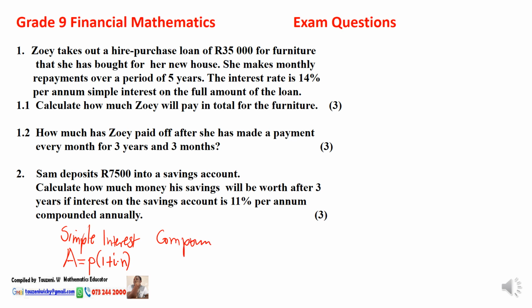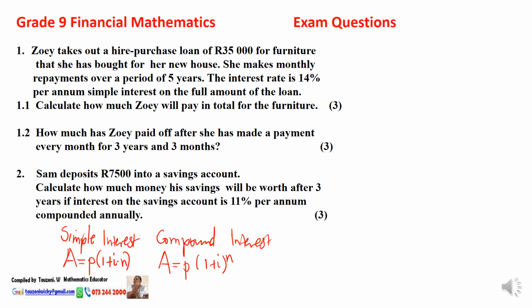Then the next one is compound interest, with the formula A = P(1 + i)^n. These are my two formulas, so I need to know them very well. For simple interest, n is inside the brackets, and for compound interest, n is an exponent.